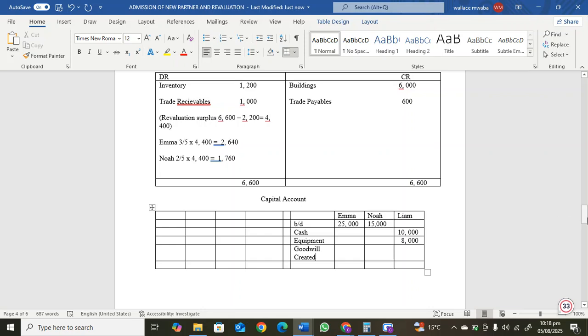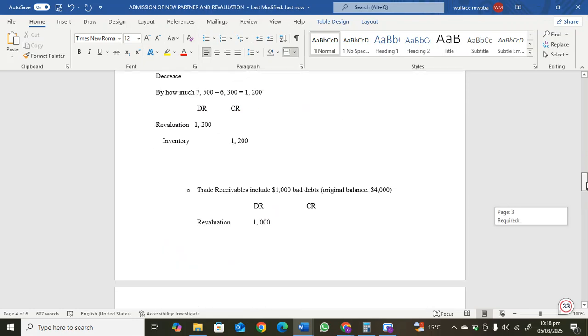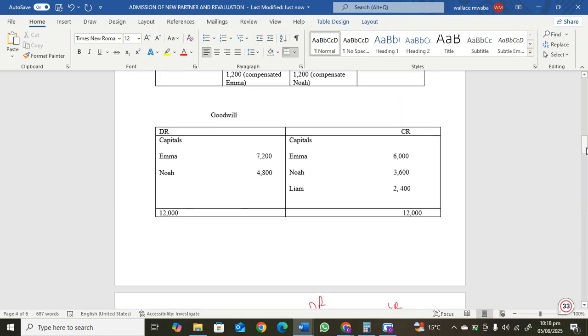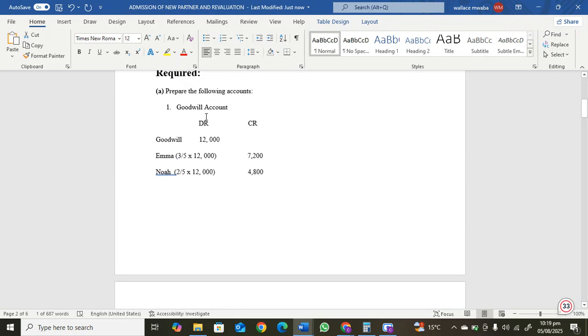Yeah, goodwill creation. Emma was getting 7,200, and Noah 4,800. Colleagues, basically I'm following these journal entries.